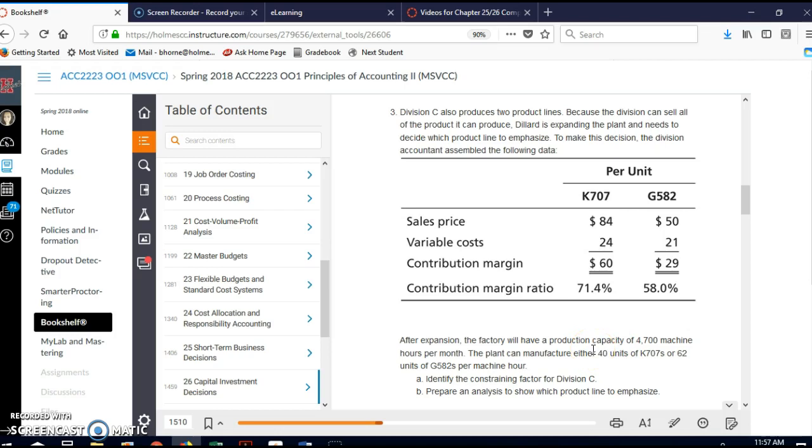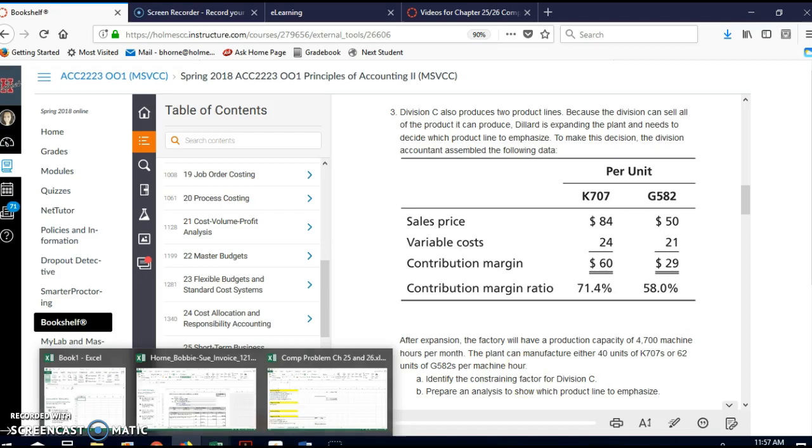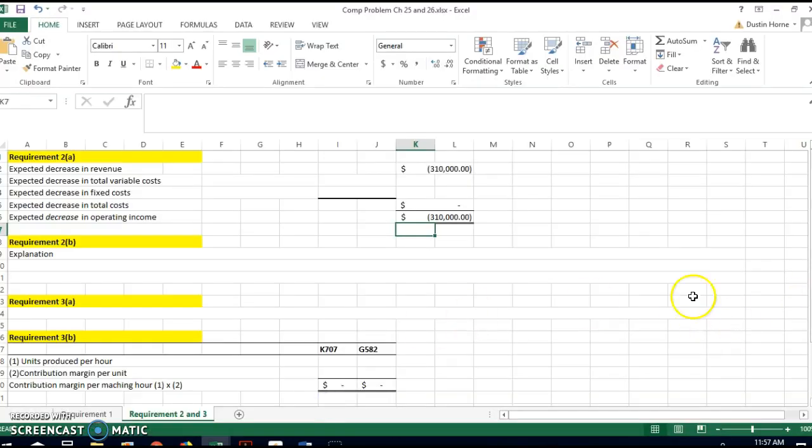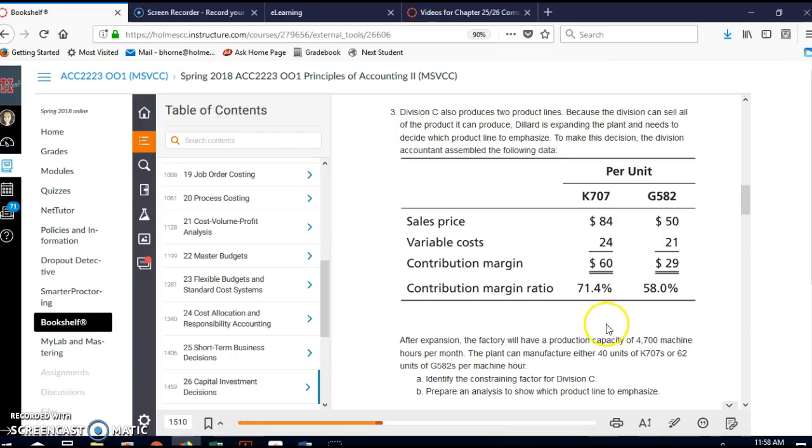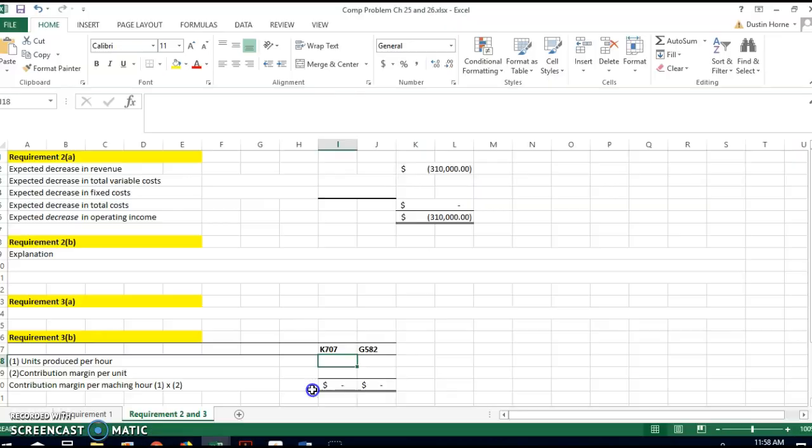It's only capable of doing either 40 of these or 62 of these per machine hour. So that is very important. So when we calculate units produced per hour, we just said that you can only produce 40 of these, 40 here, and then 62 here, I believe. 40, yes. So make sure that that is what you put.